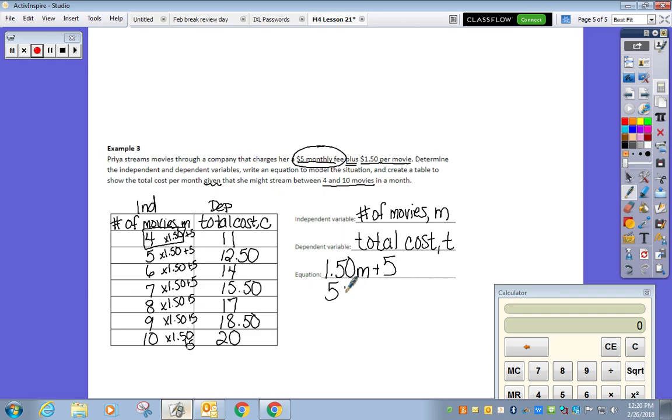We can write that as 5 plus 1.50M as well, and then that's going to give us the total cost. So either of those. Okay, so with what we call here a two-step equation, we have 2 operations, multiplication and addition. We're just required for that one operation, or that one order here. We don't have to do the backwards one. So we're just going to stop there.